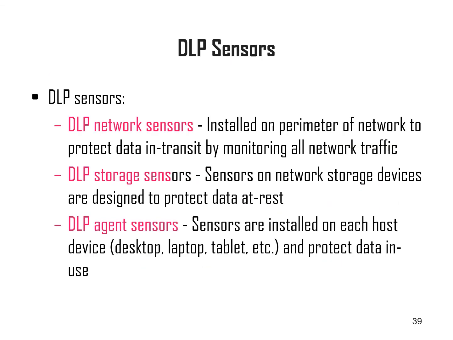A DLP system consists of different sensors: the DLP network sensor that senses the data in transit, the storage sensor that senses the data at rest, and the DLP agent sensor. Agent sensors are installed on each host device, for example desktop, laptop, or tablet, and protect the data in use.